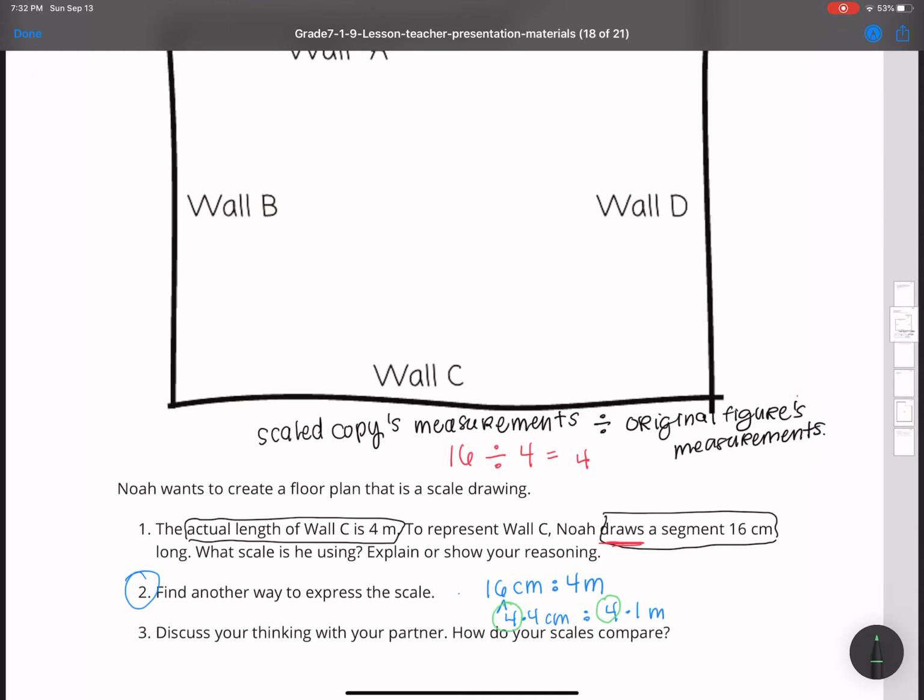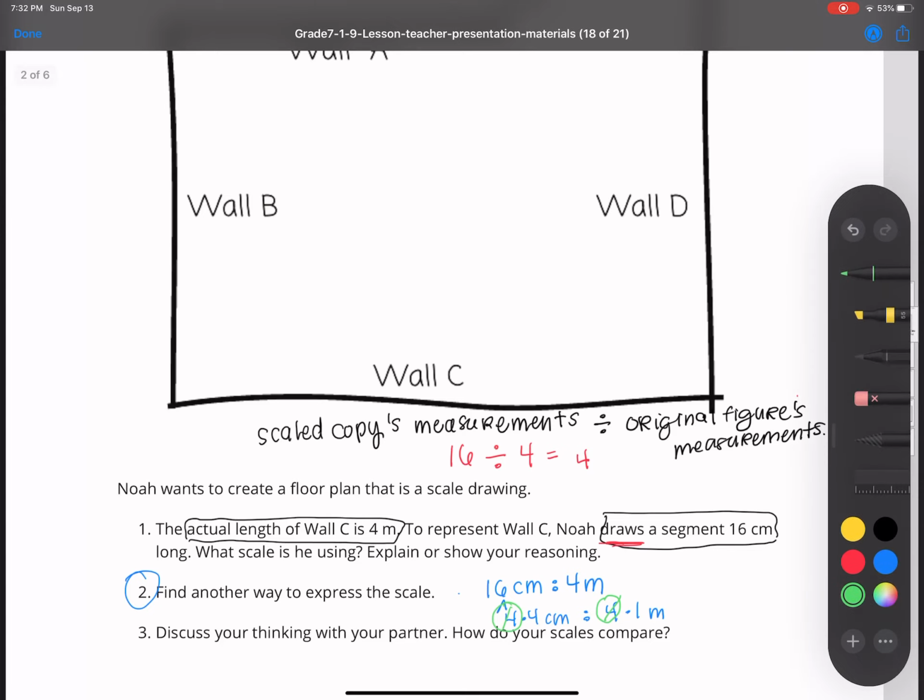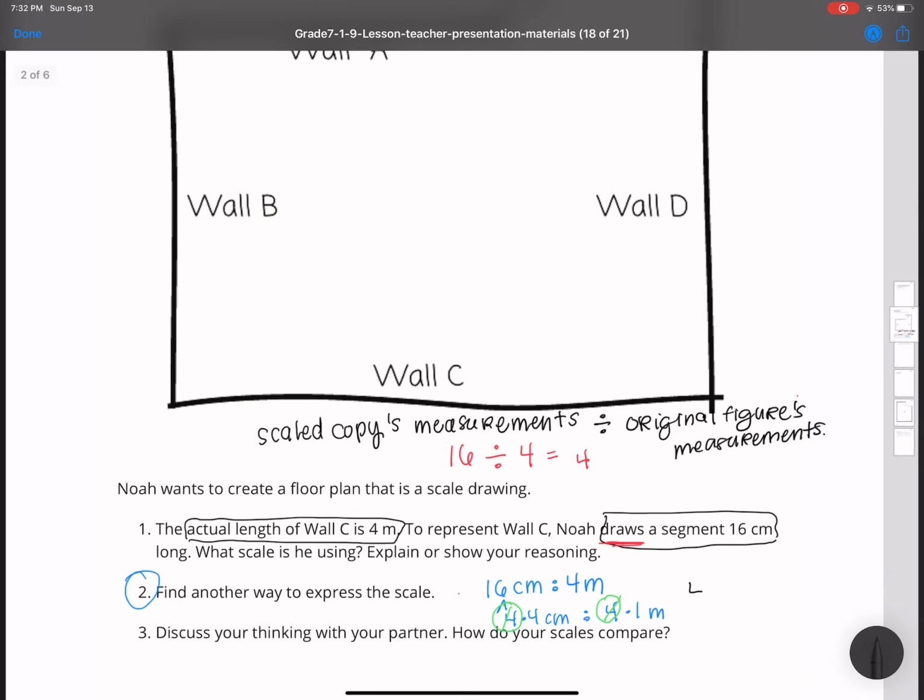So I can circle the factor that they have in common, and I can cross it out because this is like me dividing by it, which is 4 centimeters to 1 meter.